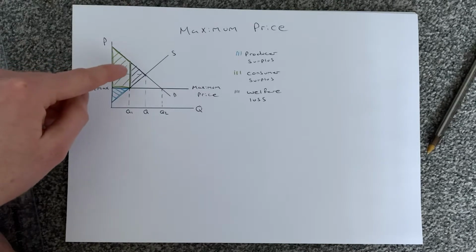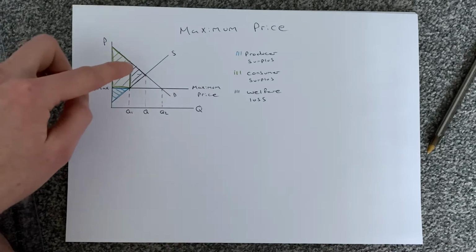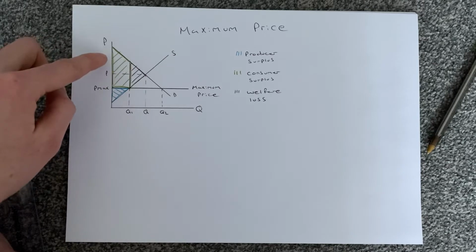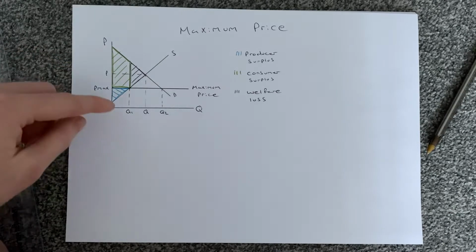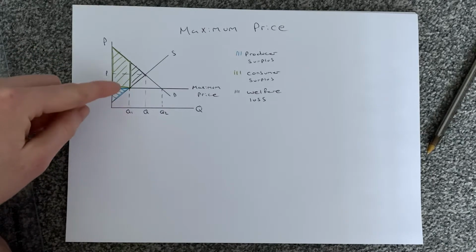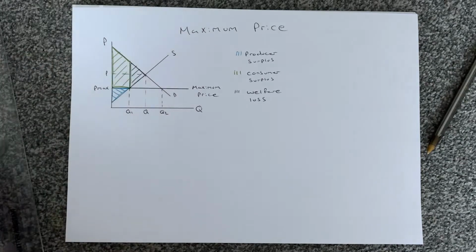However, there is a welfare loss, and that welfare loss occurs because although consumers can get a lower price for the product, the producers are not willing and able to sell a greater quantity of the product. They're only going to produce a quantity Q1, and as a result we have this welfare loss.